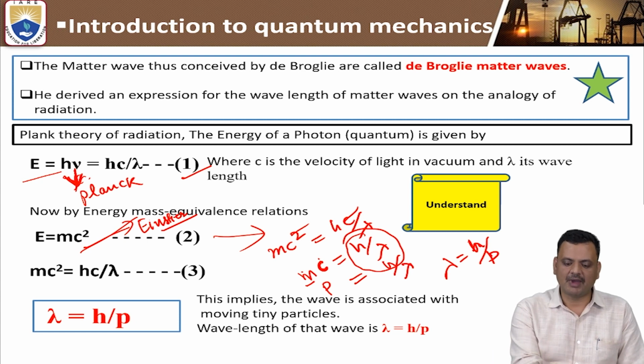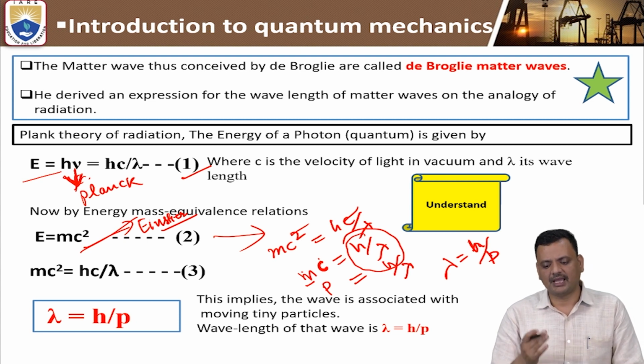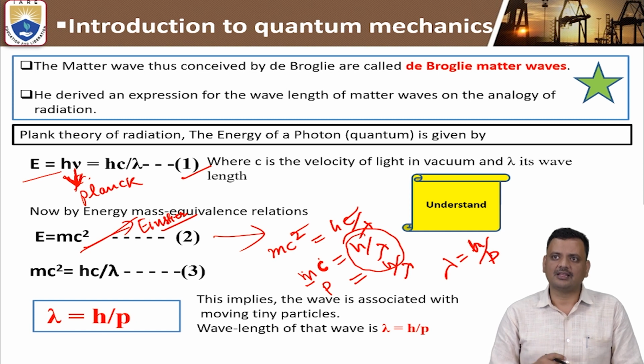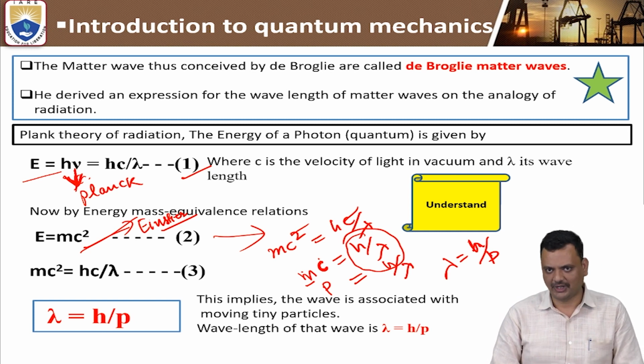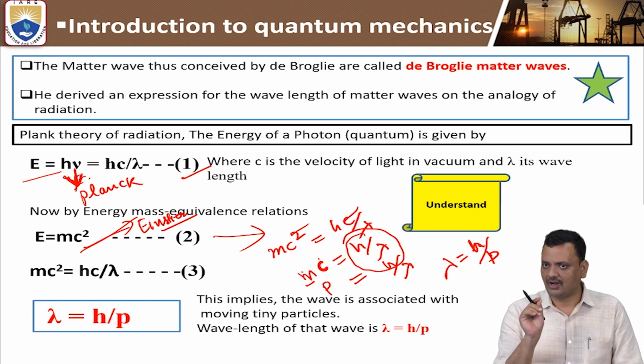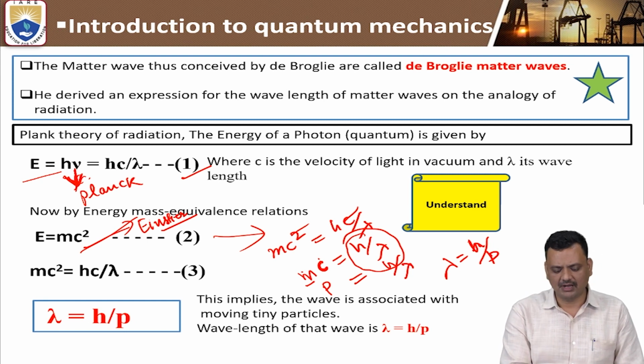The matter waves thus conceived by de Broglie are called de Broglie matter waves, and he derived an expression for the wavelength of matter wave on the analogy of radiation. So what is the formula for the wavelength of matter wave? Lambda is equal to h upon p.